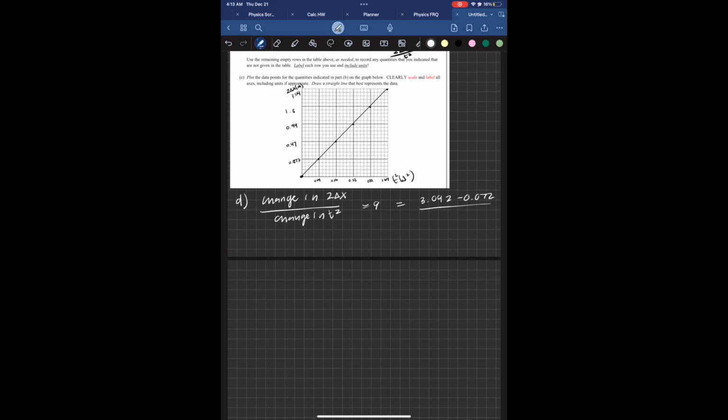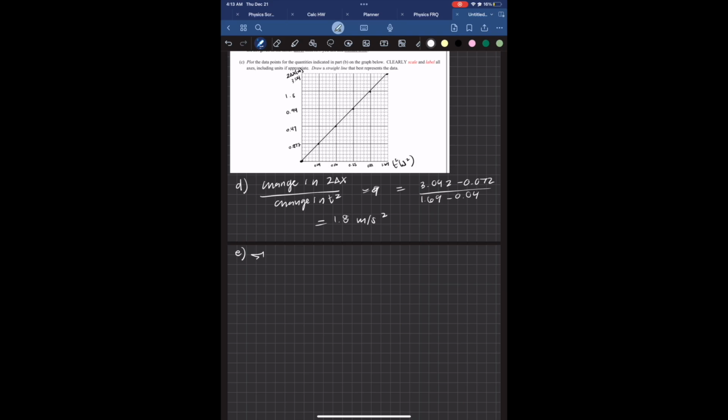So I just picked 2 points and then I found the slope between them, and then from that I found out that the acceleration of the system, or of the block, is going to be 1.8 meters per second squared.